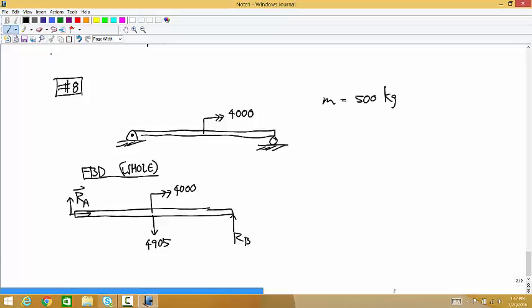And this is just going to tell us that the only joint in this problem that can counteract that 4,000 Newton torque is over here at the pin.